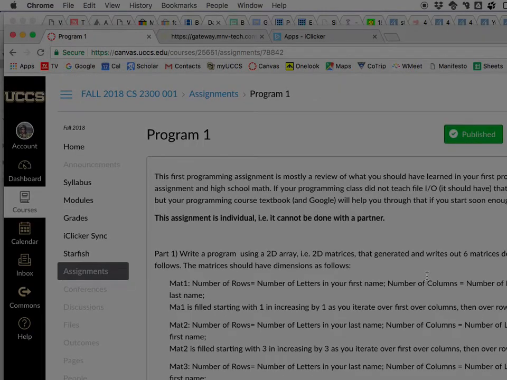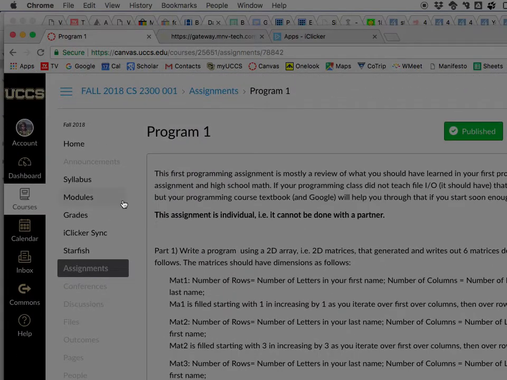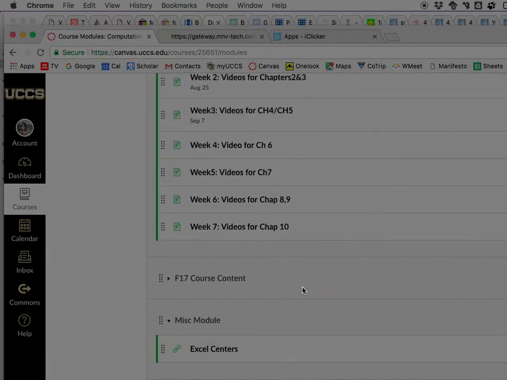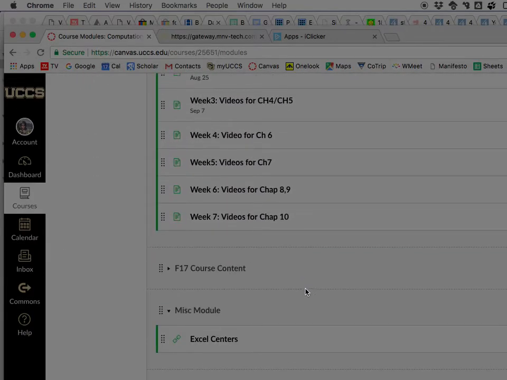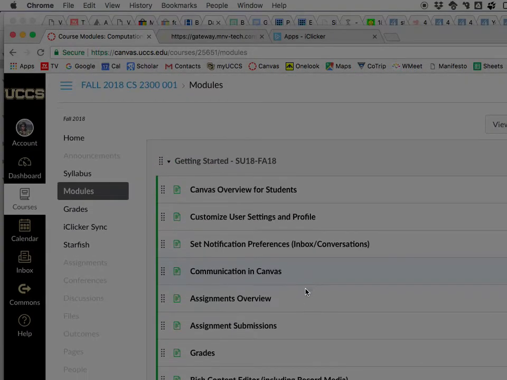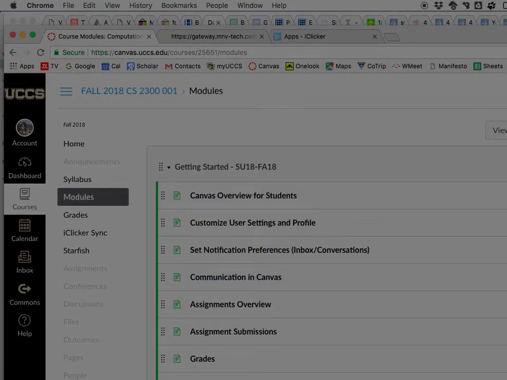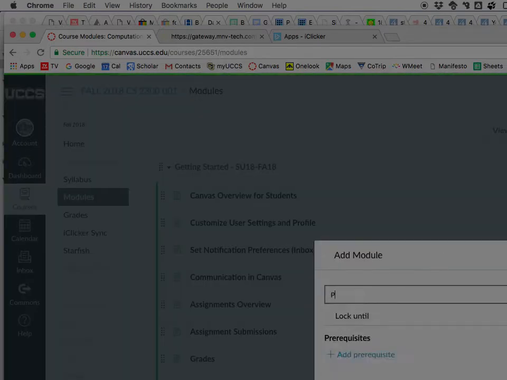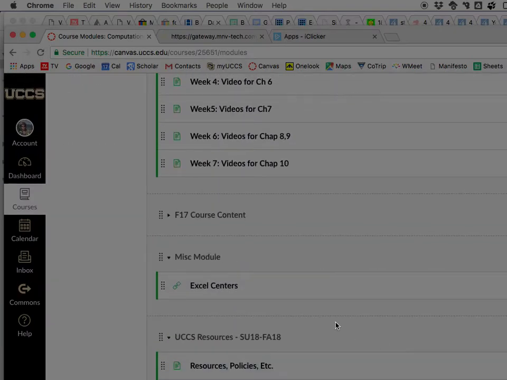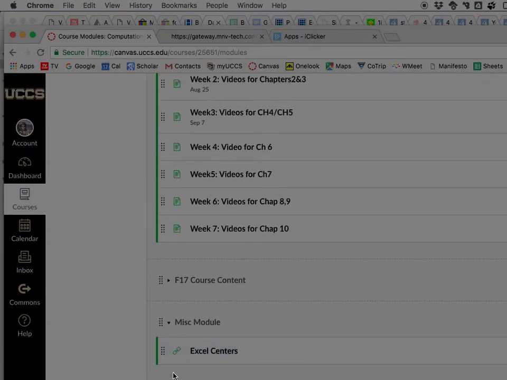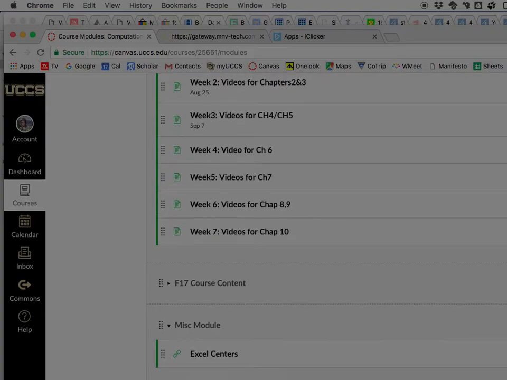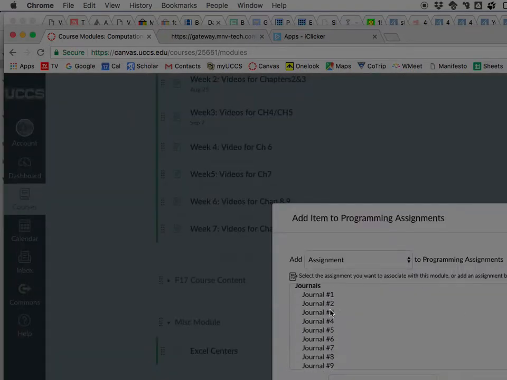Can you see it now? I'm going through all the different tabs to see if it's showing up somewhere else. I still don't see it on here.